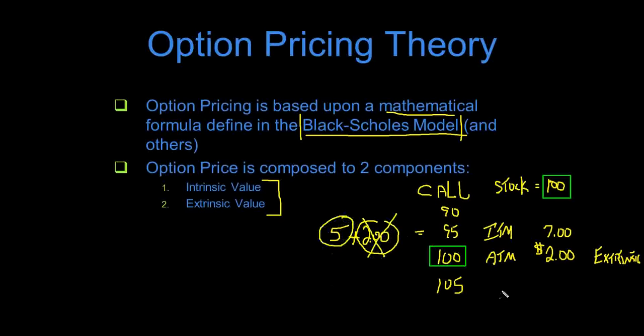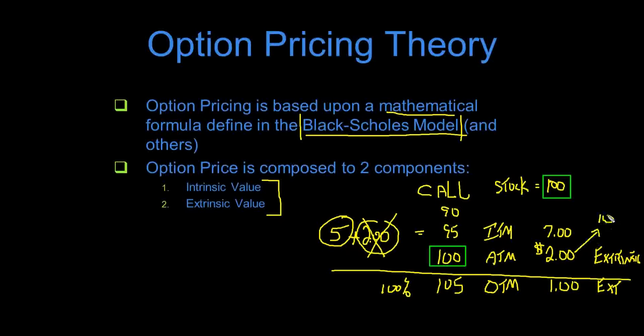If I'm out of the money, and let's say this one, just for math's sake, is $1, it's all extrinsic as well. So right here, I've got 100% of the cost of that option contract being extrinsic.